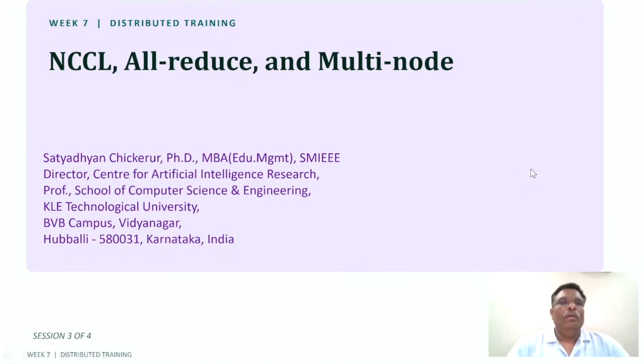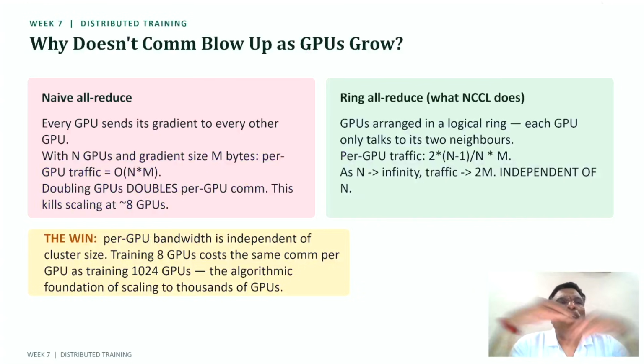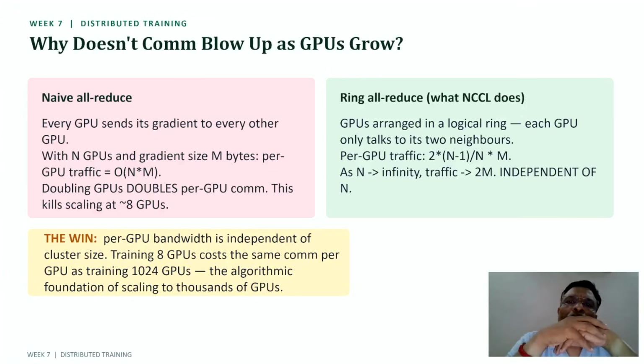Hello everyone. Let us start with session 3 of week 7, wherein we are trying to understand NCCL, all reduce, and multinode in terms of distributed training. So let's try to understand why the communication doesn't blow up as the number of GPUs grow.